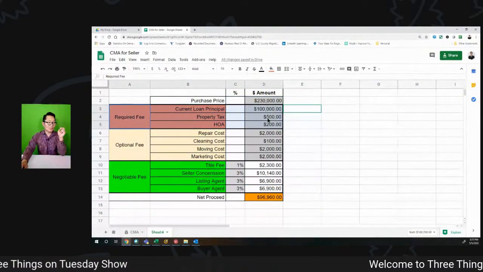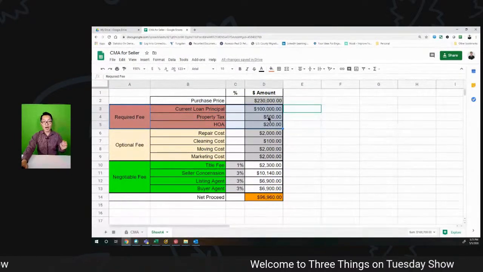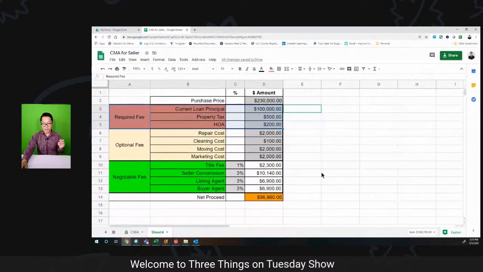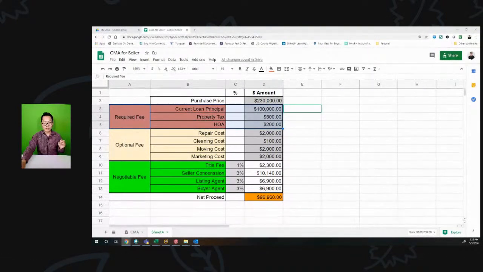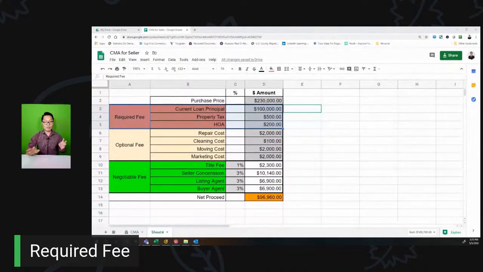First of all, I call this group the required costs or required fees. Those are the required fees, meaning that you don't have any ability to avoid those. I'm talking about the current loan principal. That is something that you have to subtract from your purchase price.